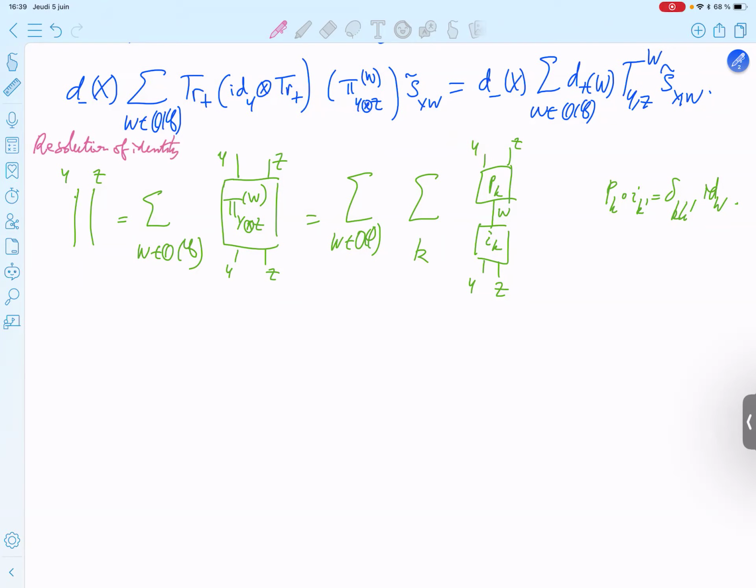So here there are two pieces of decomposition.